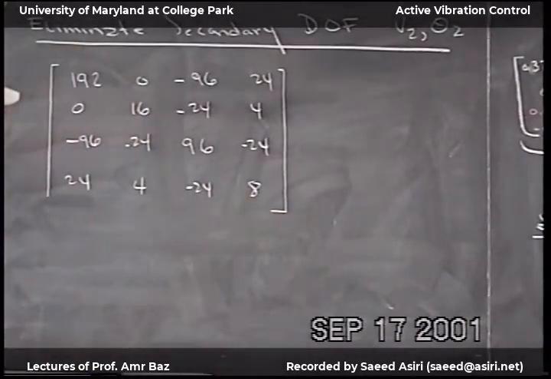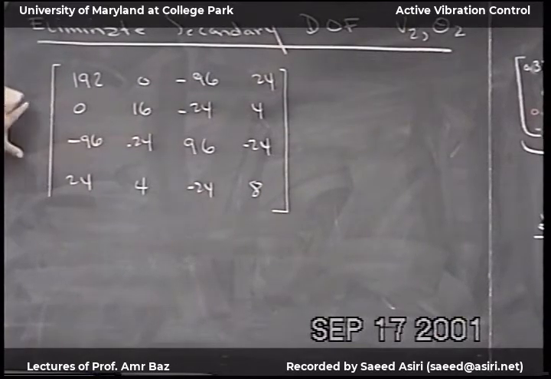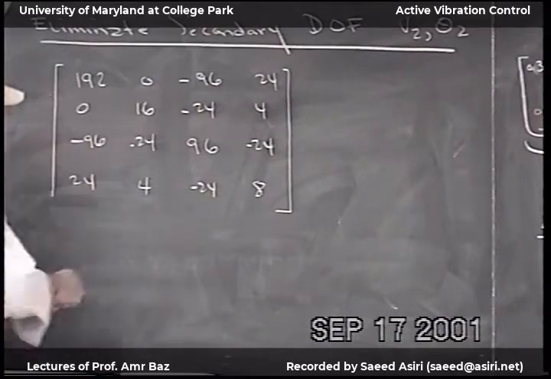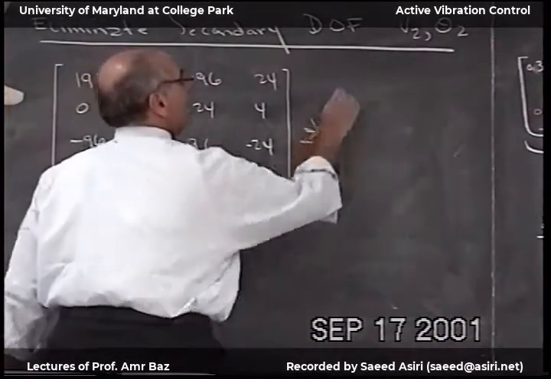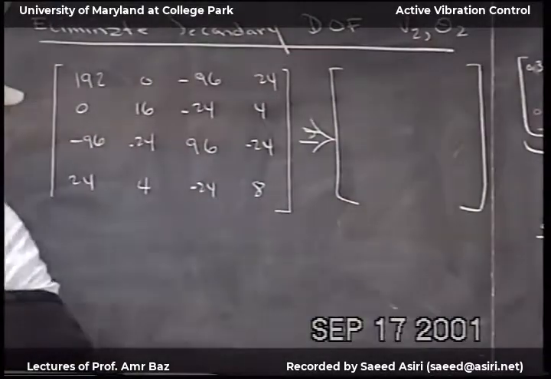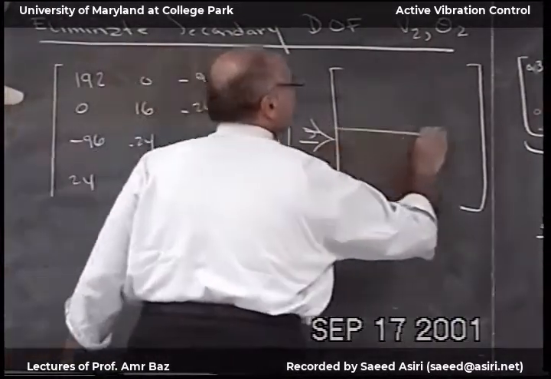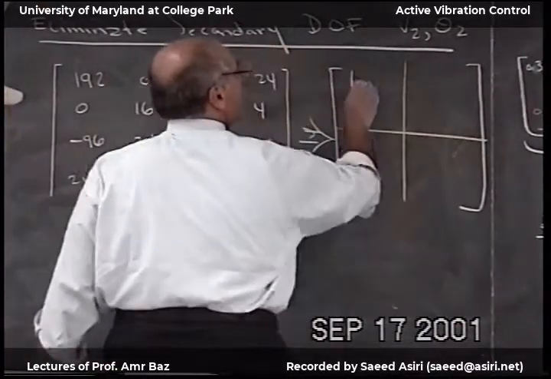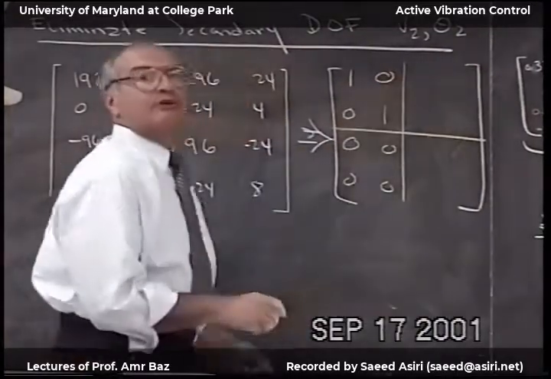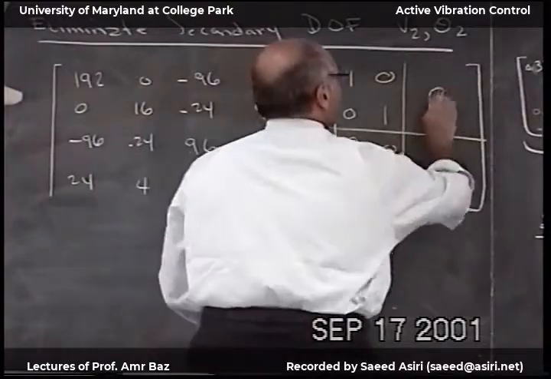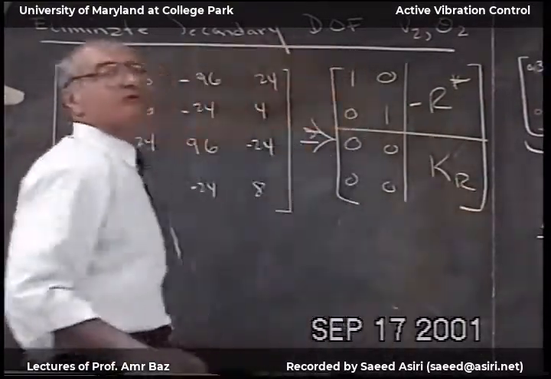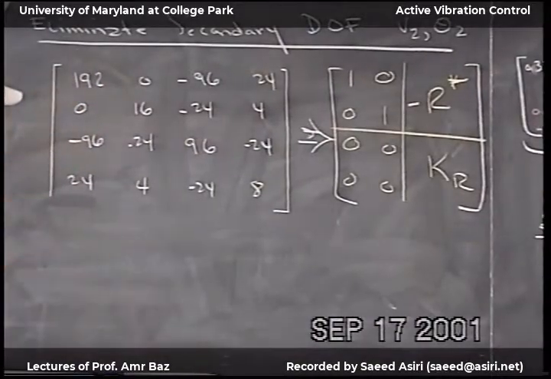So this is the original system matrix. How I want to put this matrix, I have to put it in this form. One, one, 0, 0, 0, 0, 0, 0. And then here would be reduced. That's how I want it to look like.